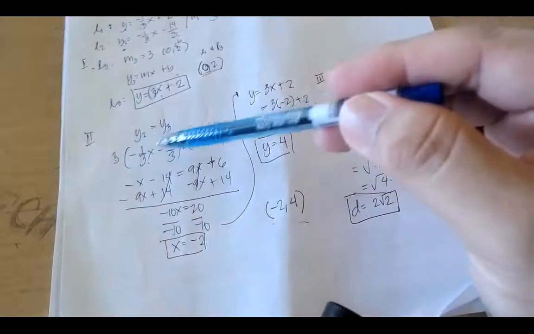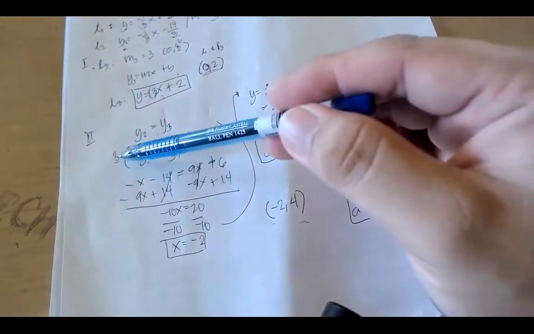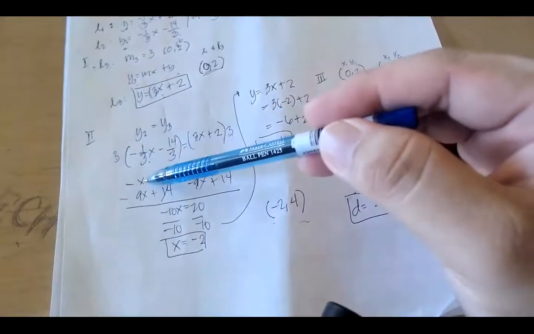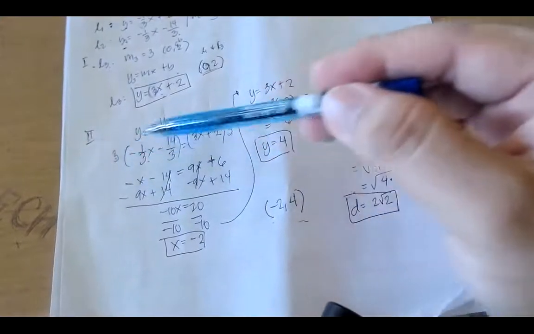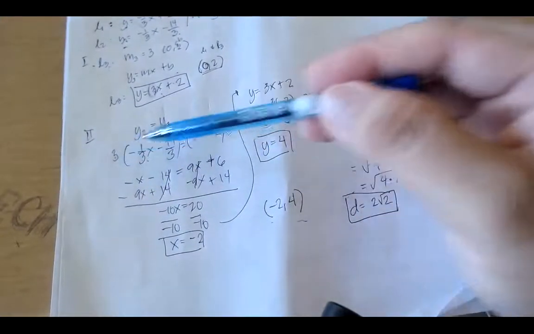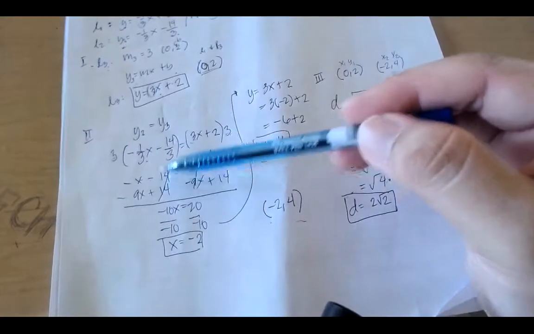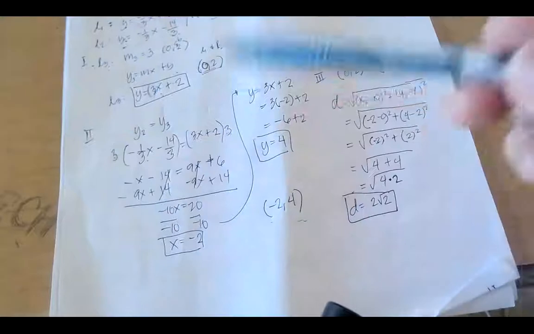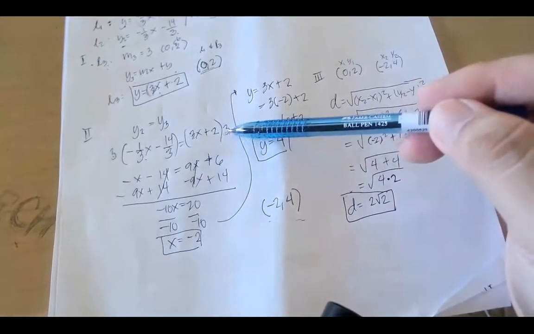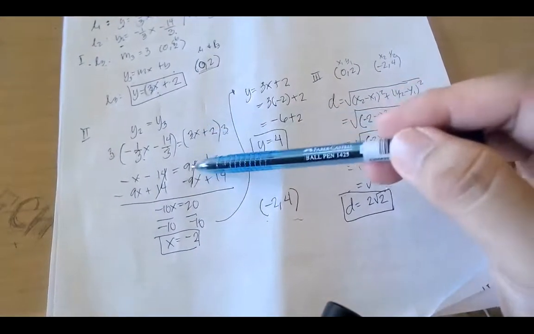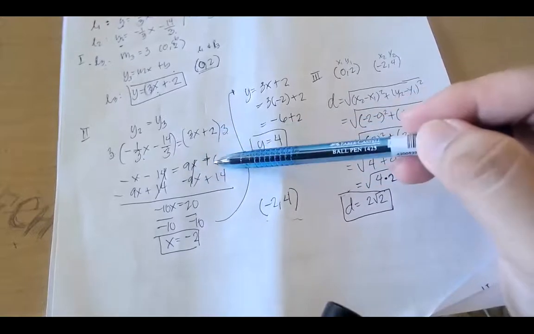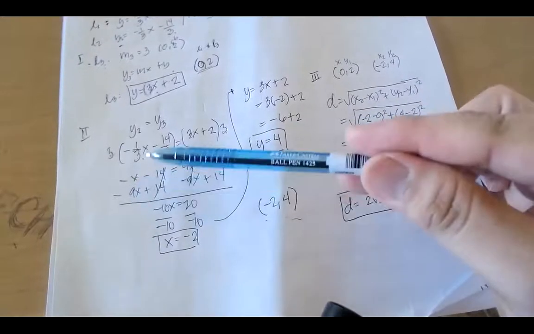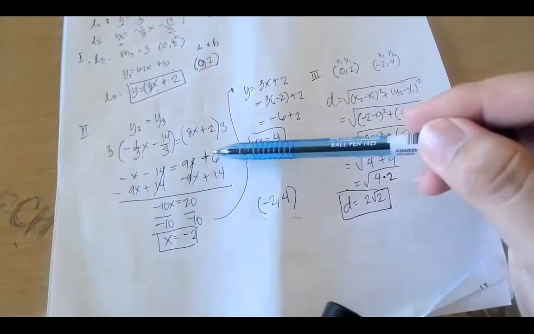So one by one, since there's a denominator 3, it crosses out. So 3 times negative 1/3 x is just negative x. 3 times negative 14 over 3 is just negative 14, because the denominator was crossed out by the 3 outside. And now here, there's no denominator, so you need to multiply them. 3 times 3x is 9x. 3 times 2 is 6. So you have negative x minus 14 equals 9x plus 6.